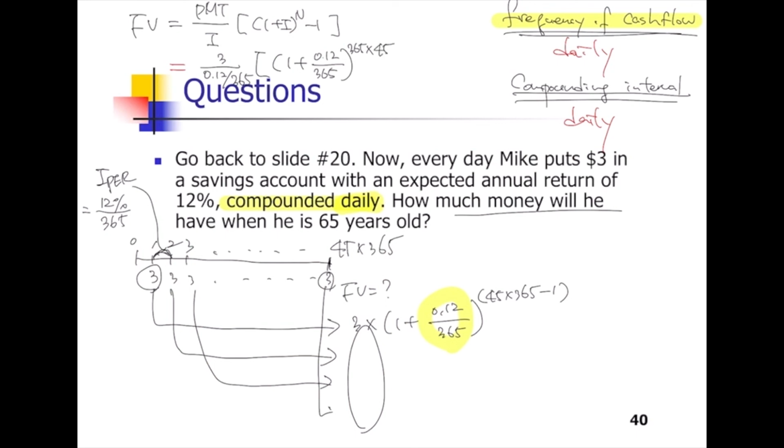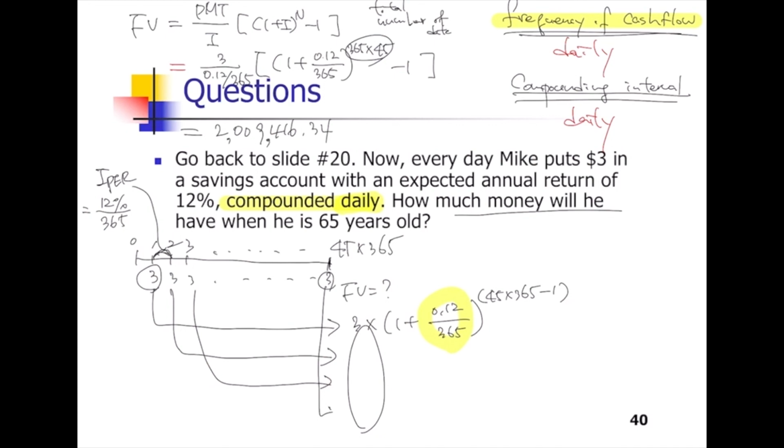Because according to the sum of a geometric sequence, that is the number of terms, right? So in this case, it means the total number of days, and minus 1. That is the answer to this question. You can get the number 2009416.34. That is the answer.